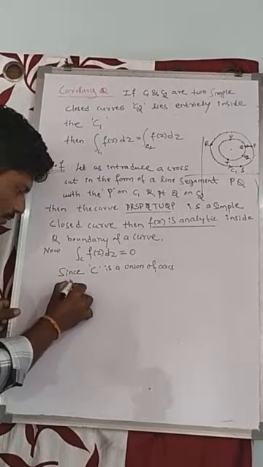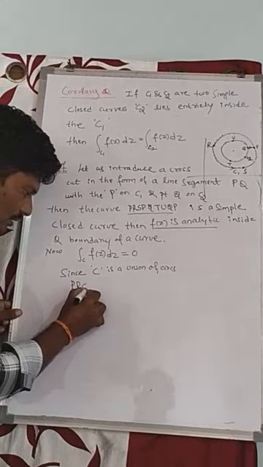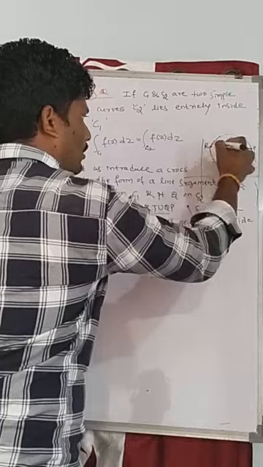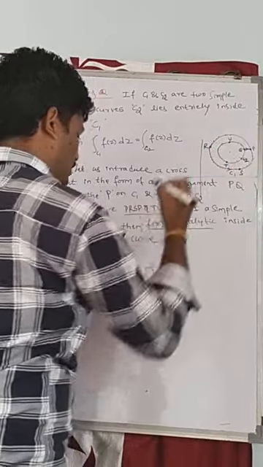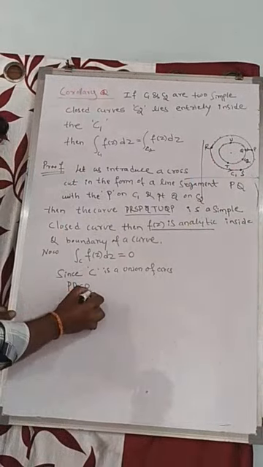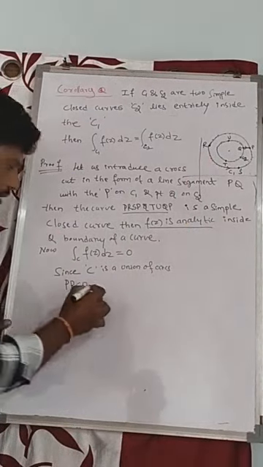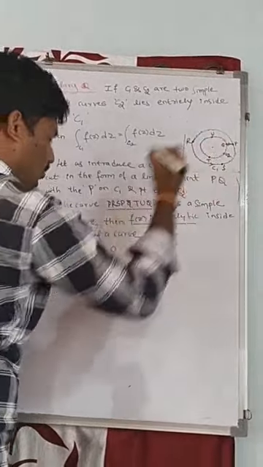First one, PRSP, is one curve or arc. Next is PQ, one arc.